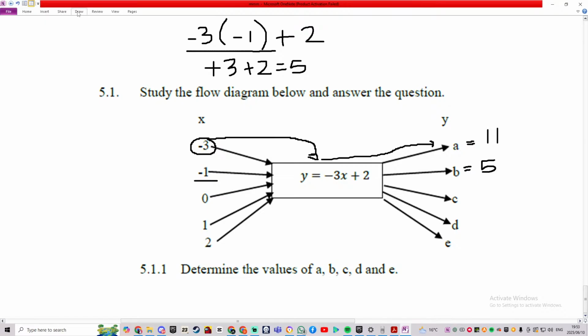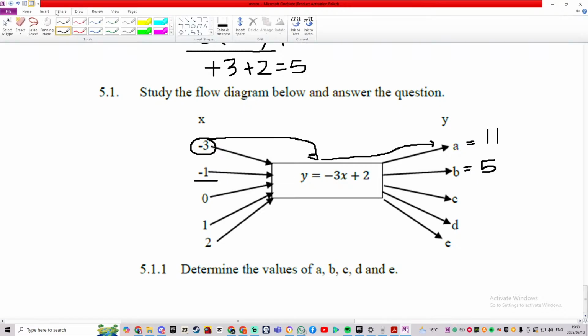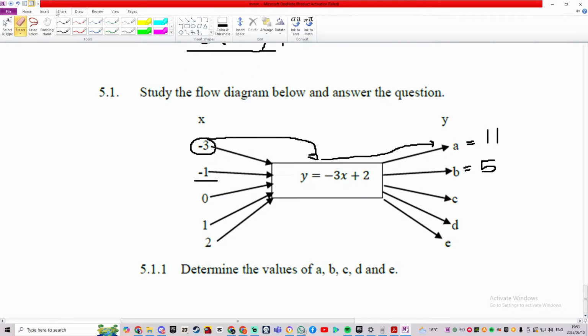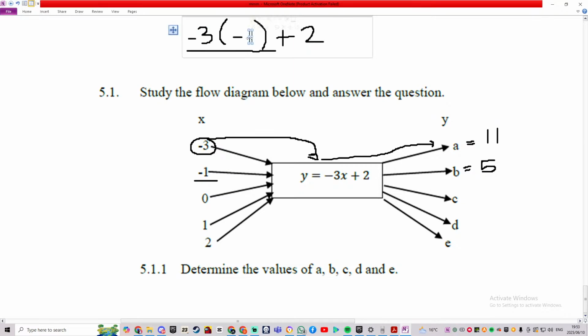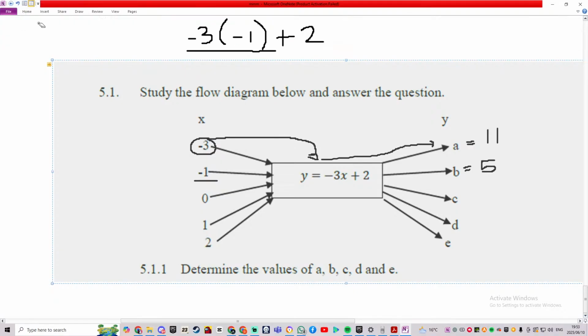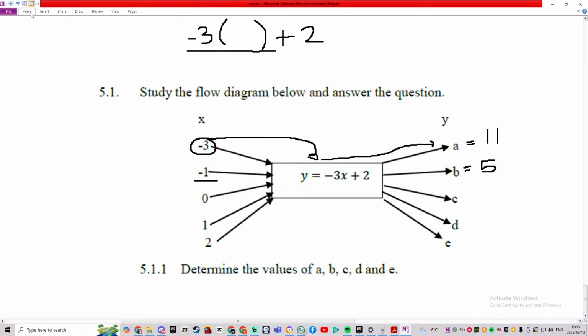Yes, sir. How am I going to find c? No, no, no. What did you start with? What is the input here? 0, sir. So 0 must go in the x position, sir.